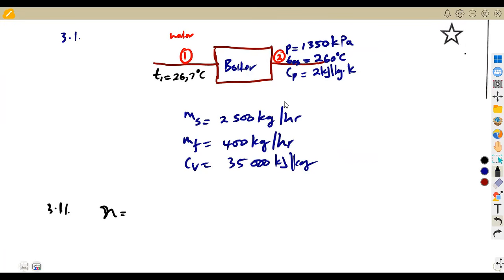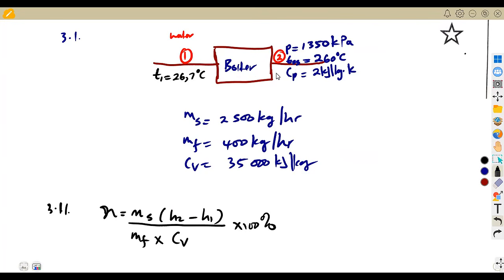So the only change in energy that happened is between the two stages. So the efficiency is going to be taken between those two stages that you are given. So it's going to be mass of steam times H2 minus H1, over mass of fuel times the calorific value, times 100%. You are given this in your formula sheet.